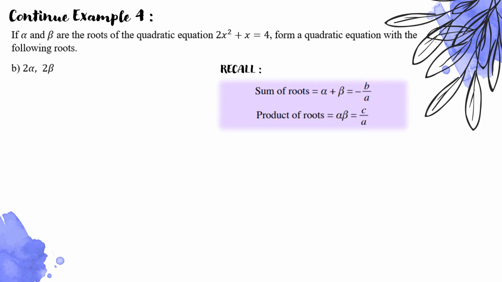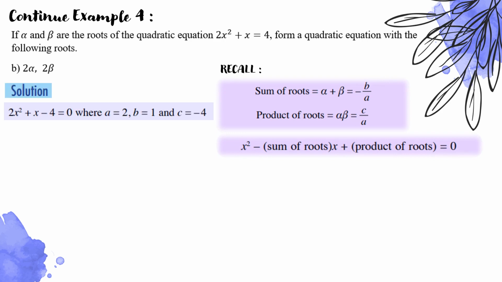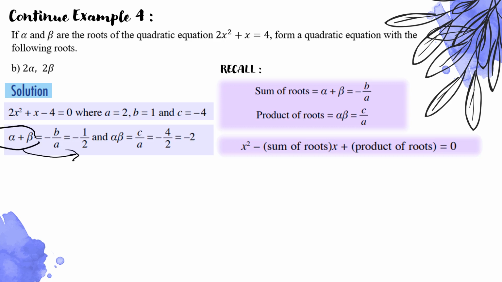Okay, I'll recall, just write it again. The solution. So this we already did in the previous slide. So the values for a, b, and c, and the value for alpha plus beta is negative 1/2, and alpha beta is actually negative 2.